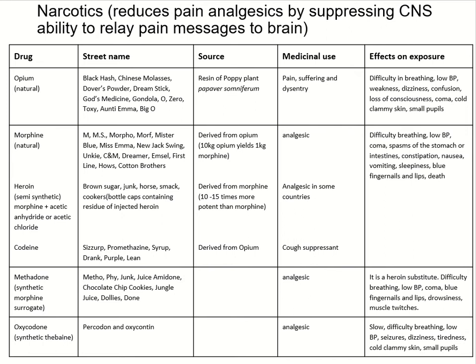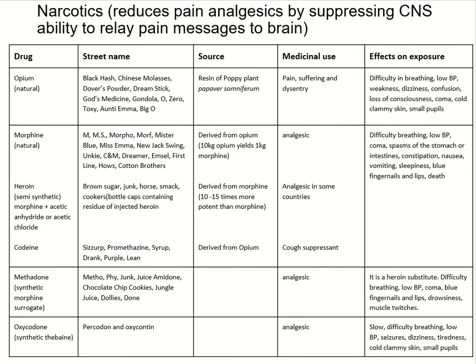Heroin is a semi-synthetic product as it is derived from morphine. It is also known as brown sugar, junk, horse, smack, hookers, etc. It is prepared by diacetylation of morphine using acetic anhydride or acetyl chloride.